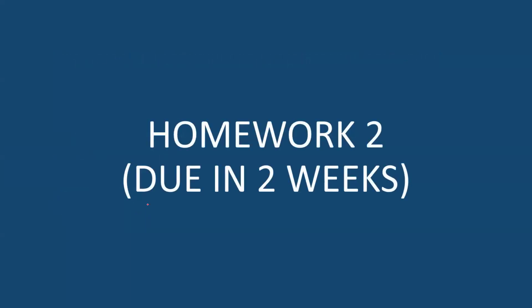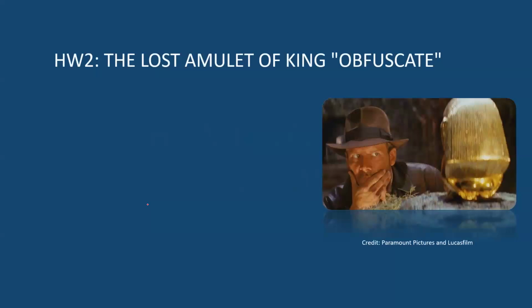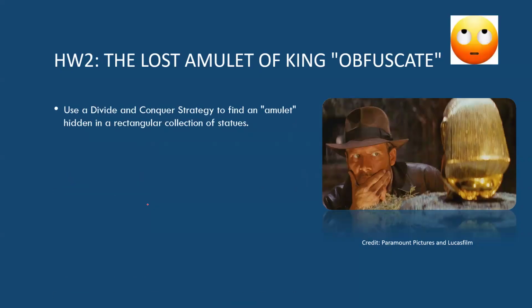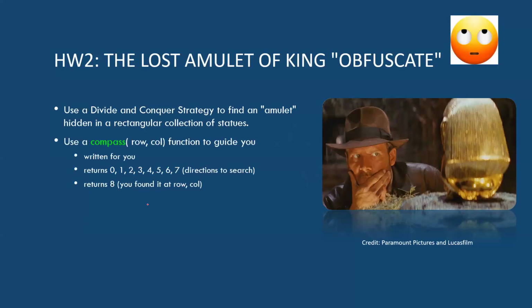Okay, so homework 2 weeks. Sorry, I took a little long on this one. So this is hopefully a little more entertaining than your usual one. We wrote a little story, made a little joke. We're going to use divide and conquer to find something in a two-dimensional space, and we're going to have a compass that's going to help us do that.